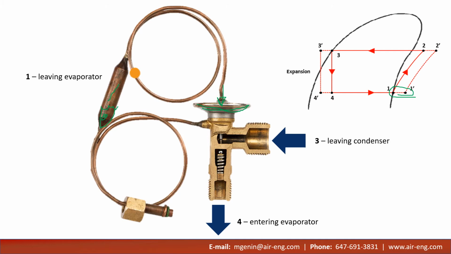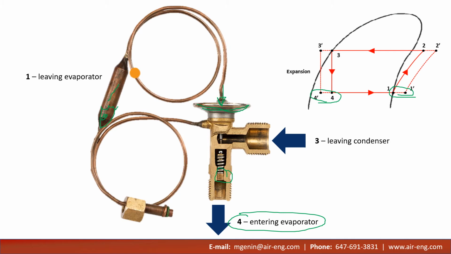And this will push this needle downwards and open up this valve to allow the flow of refrigerant to increase. On the other side of this diaphragm, we're exposed to point 4, which is the inlet pressure of the evaporator, which is our P evap that we've measured before.